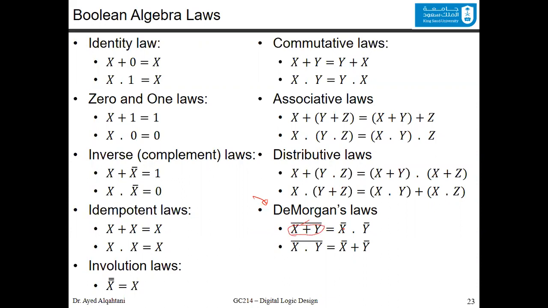So the X will be X bar, the OR will be AND, and the Y will be Y bar. Similarly for the AND, break the line and change the sign. This is the De Morgan law. The X will be X bar, the AND is going to be OR, and the Y is Y bar.